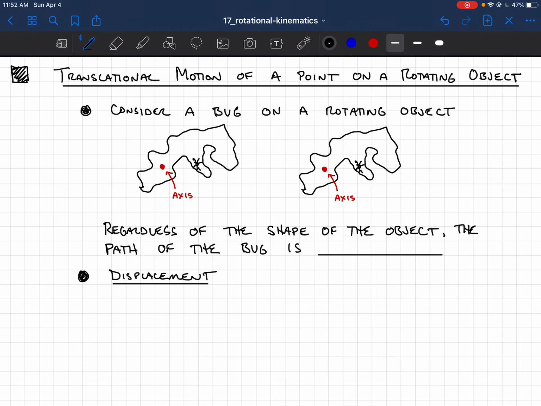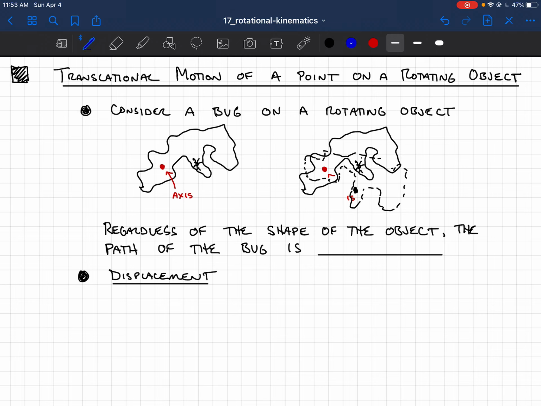And then at some later moment, the object is going to look something like that. And where did the bug go? Well, the bug went from its original position to its new position, right there.